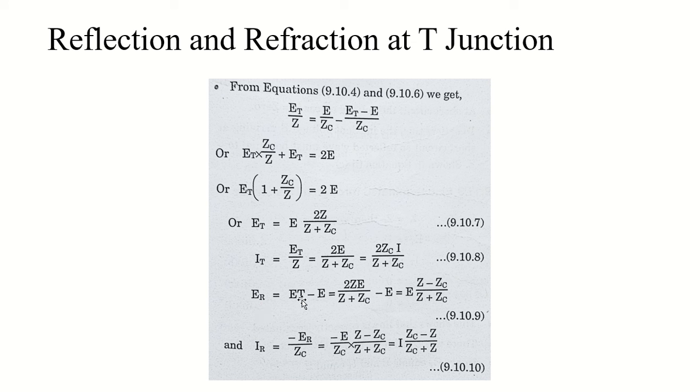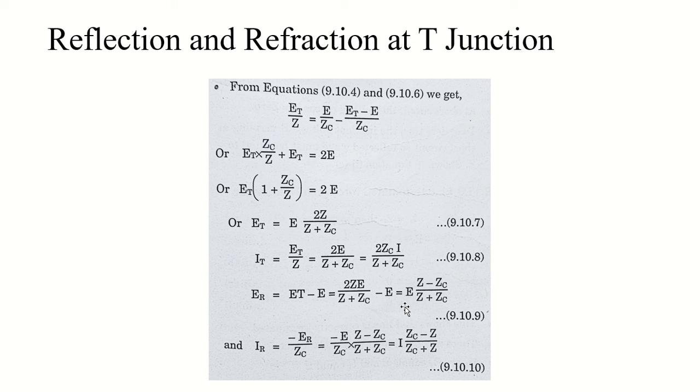The T will not be this big T, it will be a subscript here. There is a mistake in printing, so it will be 2ZE divided by Z plus ZC minus E. And when you do so, the final value of ER will be E into Z minus ZC divided by Z plus ZC. In the same way you can calculate for IR as well.